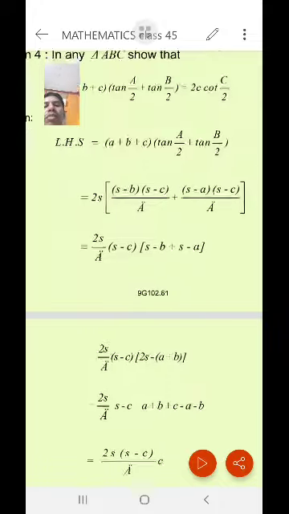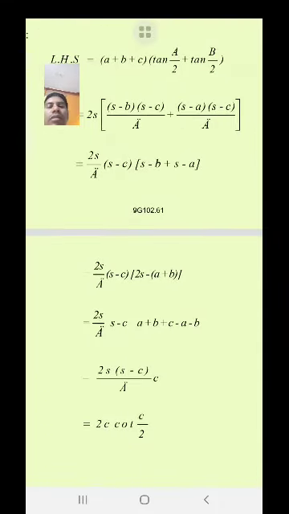So 2s by delta into (s minus c). Here s plus s is 2s, and if we take minus common from minus b and minus a, we can write minus of (a plus b). 2s by delta into (s minus c).